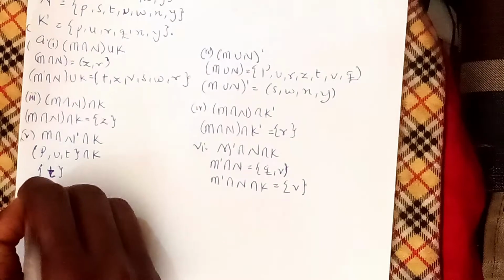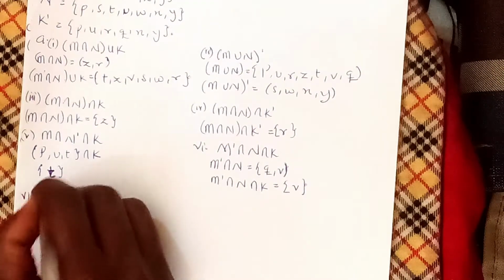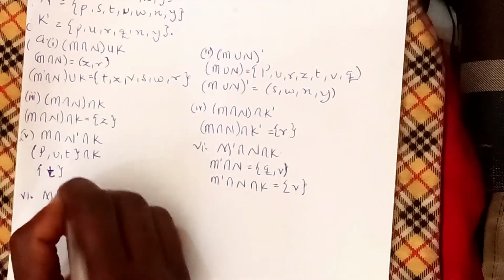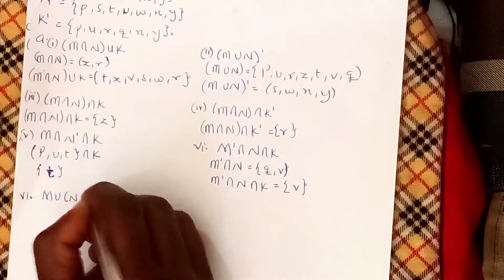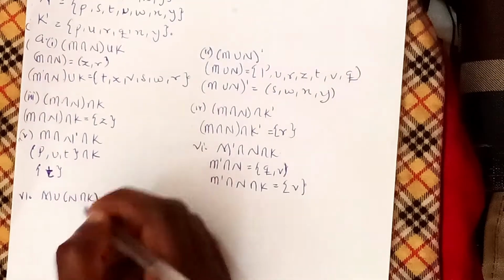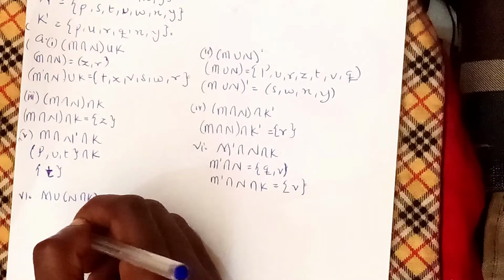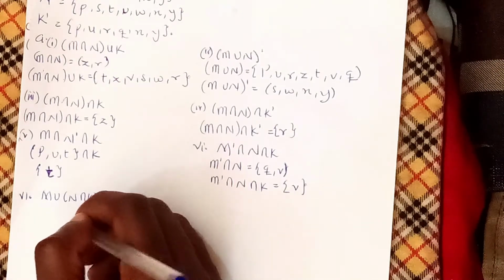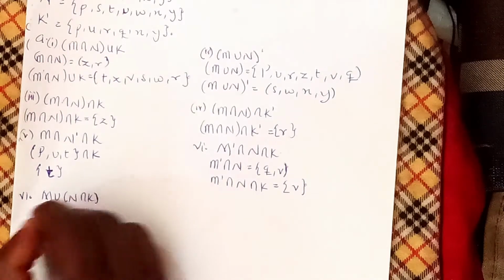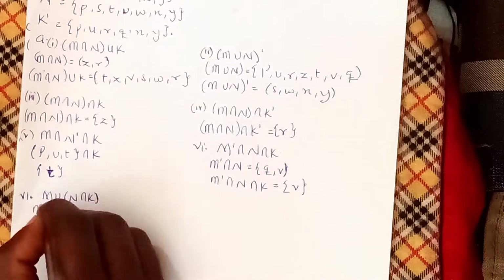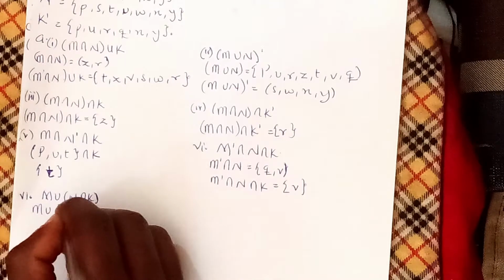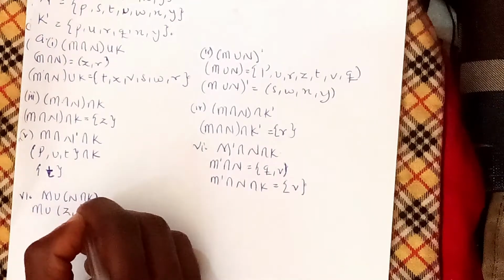We are asked to find M union N intersection K, where N intersection K is Z and Venn. So we have M union, that's Z and Venn.